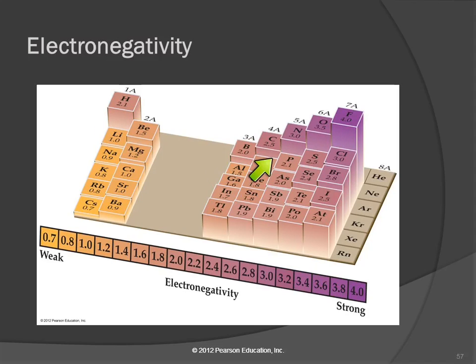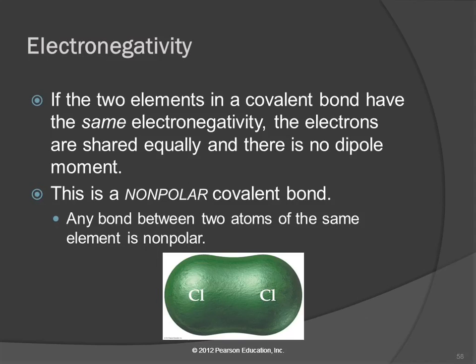There are a few where you have two elements that have the same electronegativity, like carbon is 2.5 and sulfur is 2.5. So if you had a bond between carbon and sulfur, it's going to be nonpolar because they're equally attractive. But most of the time, you can assume that between two different elements, it's going to be polar. If we have the same electronegativity, the same attraction for the electrons will be shared equally.